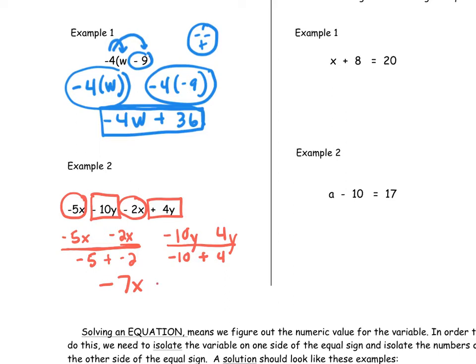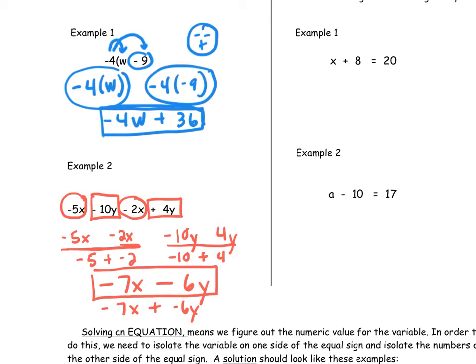So I'm going to drop that down as a -6, and I also need to include my y. Now we could write it as -7x plus -6y if you prefer. But this is the preferred way to write it because we don't have double signs. We just have one operation sign. So that's what we've been doing for the last couple weeks.